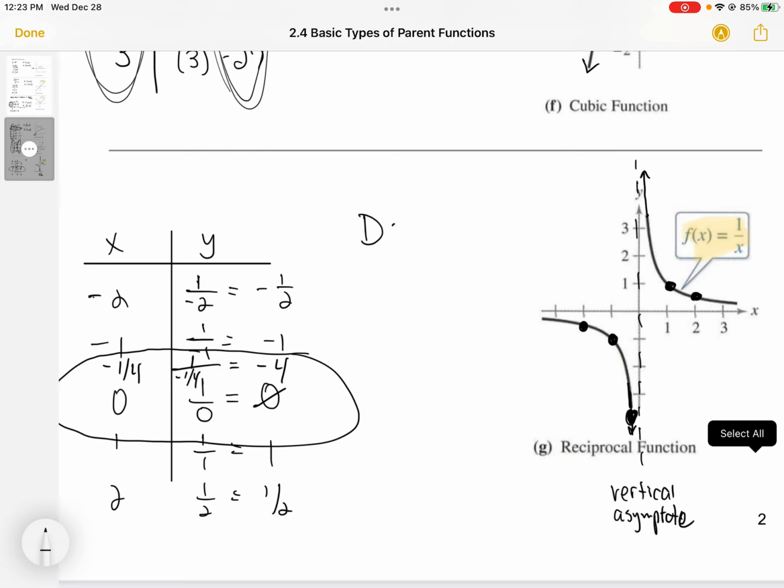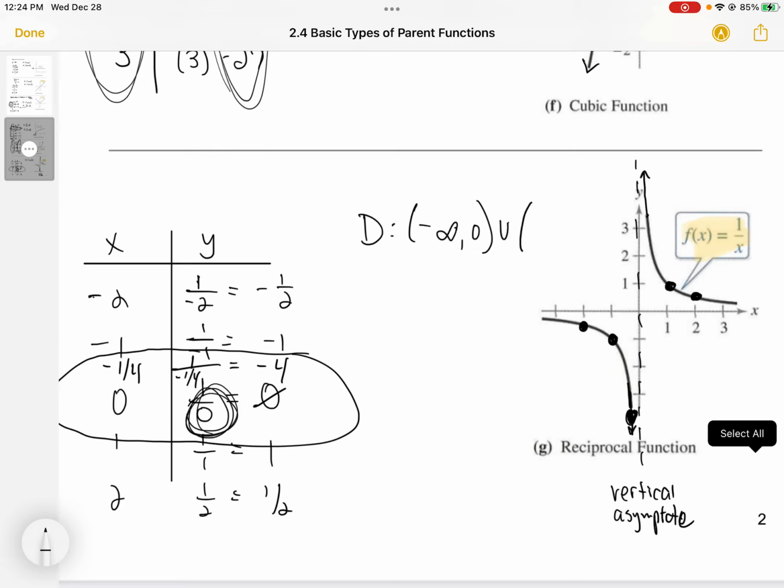So now let's take a look at this domain. Our domain is going to be all real numbers except for 0. Remember, 0 gives us a 0 in the denominator, which is undefined. So the way we're going to write that is from -infinity to 0, but we're going to put a parenthesis around 0 because we can't include it.